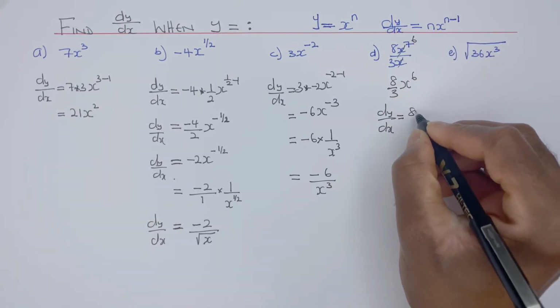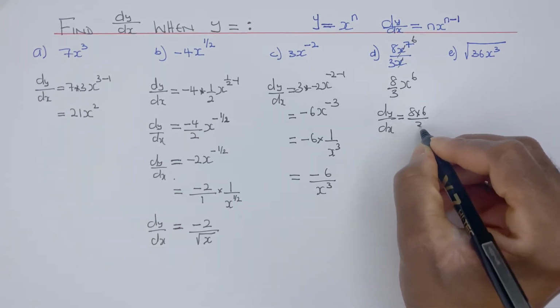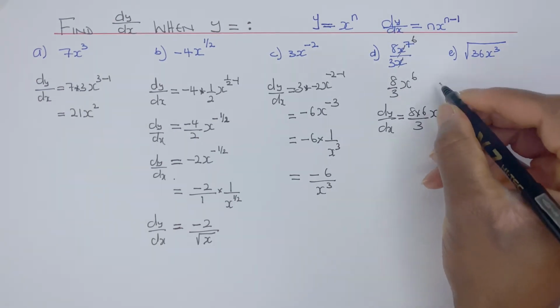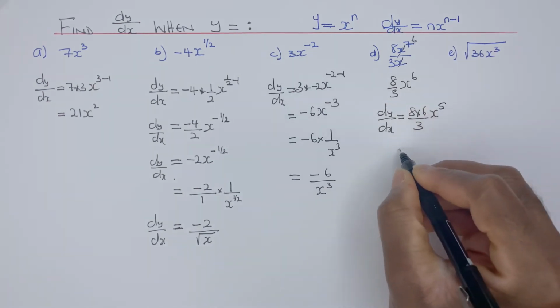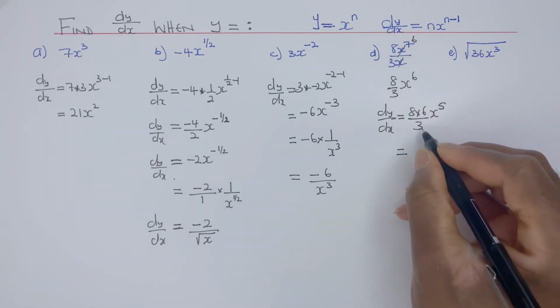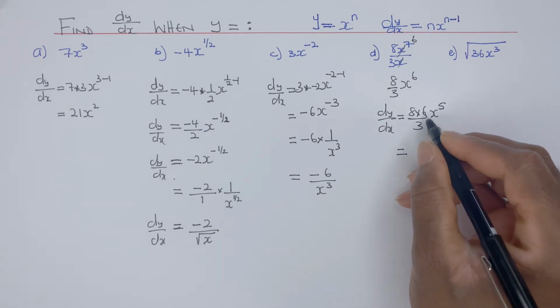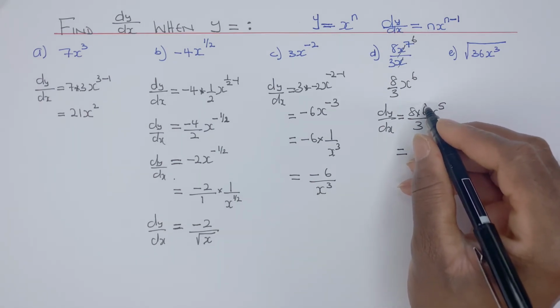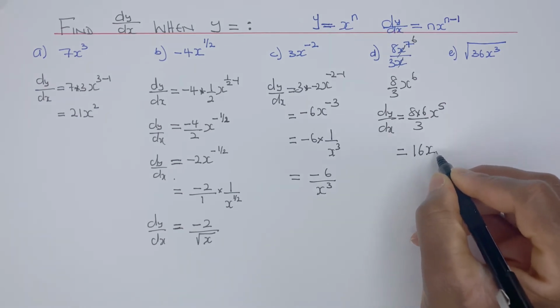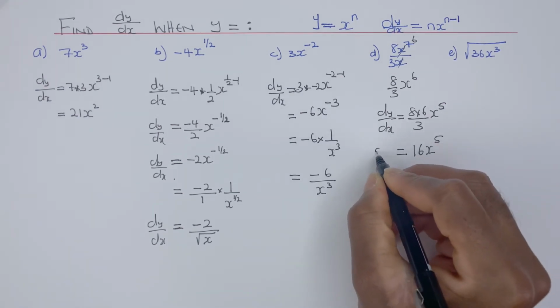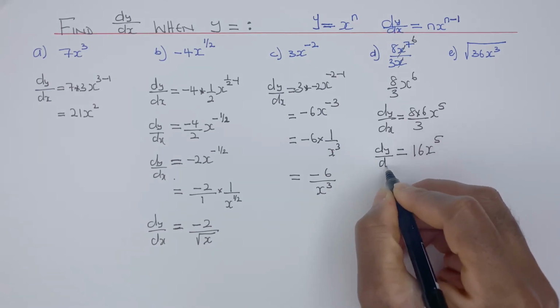So that'll be 8 times 6 over 3 x to the power 6 minus 1 is 5. And how many 3 goes in 6? That's 2. 2 times 8 is 16. So that'll be 16x to the power 5 will be the dy/dx.